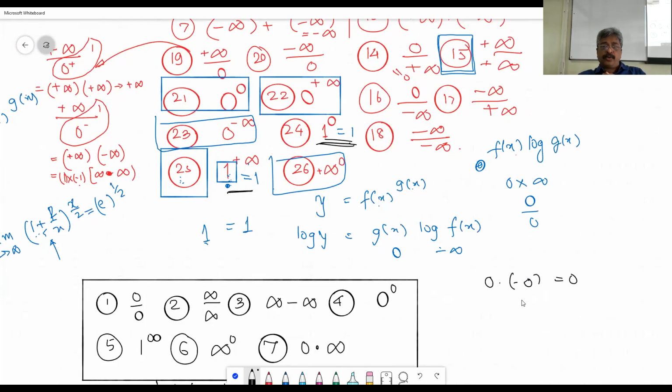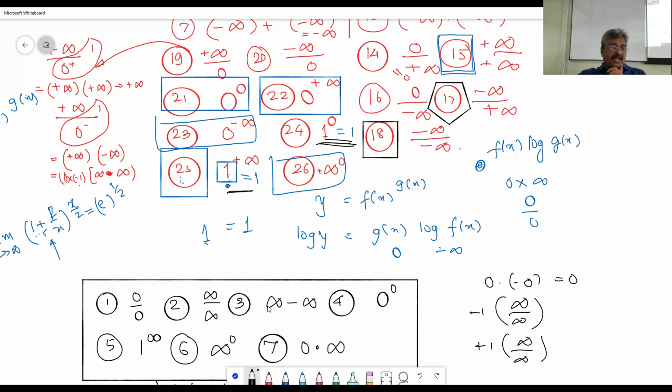Therefore, minus infinity upon infinity is indeterminate, because minus 1 times it is infinity upon infinity. This is plus 1 times infinity upon infinity. So both of them are indeterminate, but they fall in this 2. Form 2 takes care of all of them.